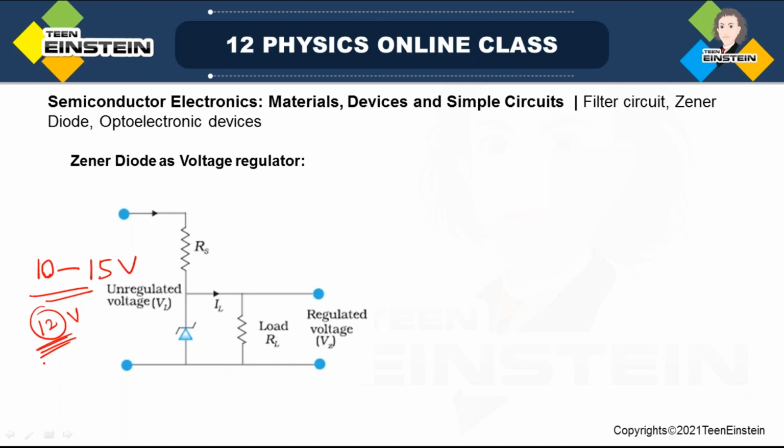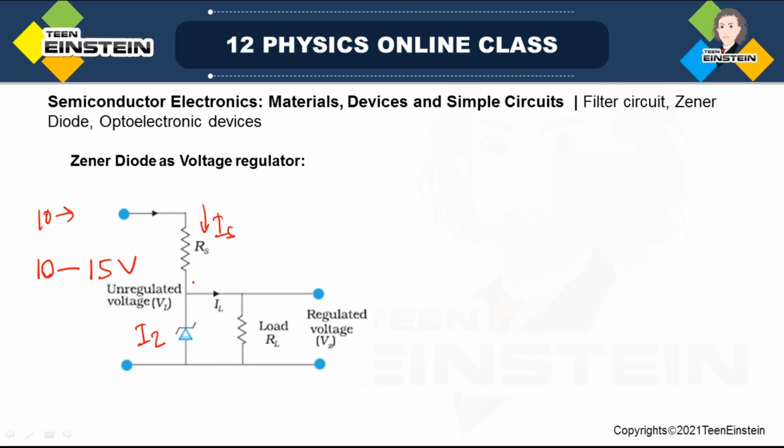Okay, so in this case, when the voltage changes, suppose it goes from 10 to 15. When it increases, see what happens: if the voltage increases, the current through this also will increase. Current Is, suppose, and current Iz here through the Zener diode.